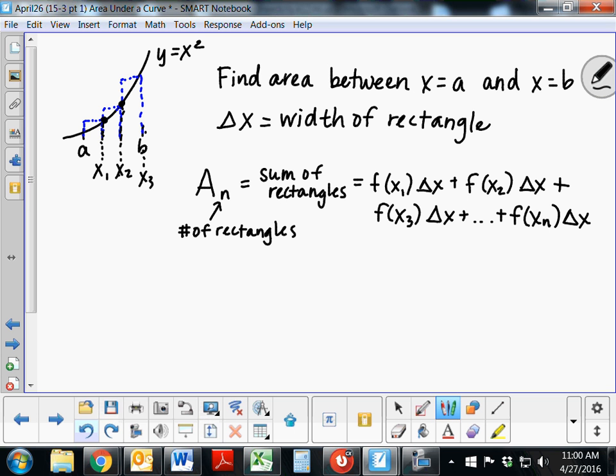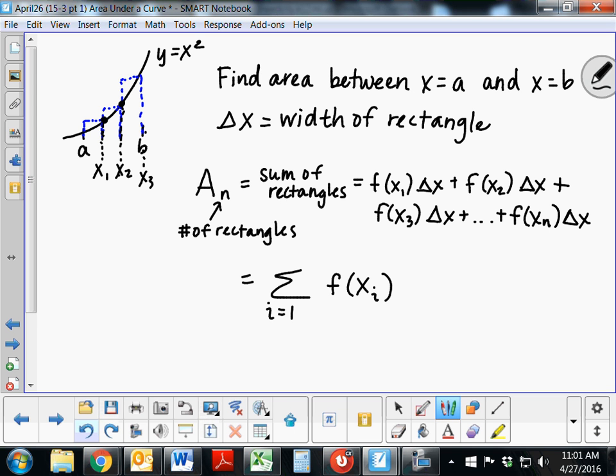We could write this whole thing a lot nicer if we wrote it as a sum. So that notation that we used to use when we talk about a sum. If we say sum, you'll notice that every time you have a delta x in it, and you also have f of something, the number starts at 1, 2, 3, 4, 5, all the way up to n. So we would say, I want f of x sub i, where i starts at 1.